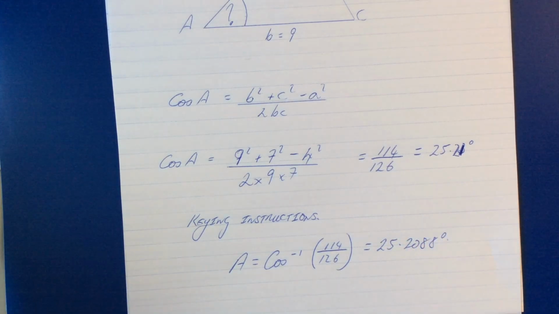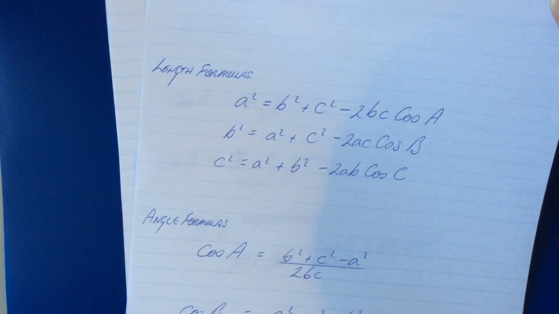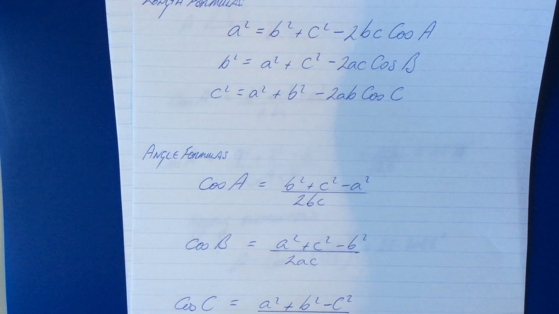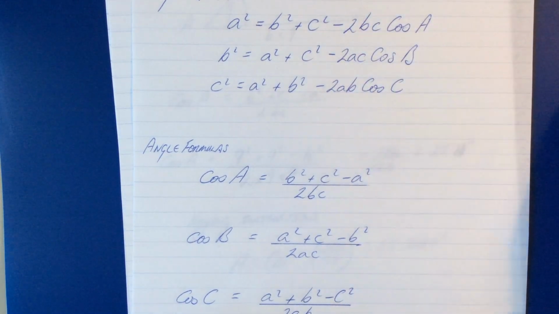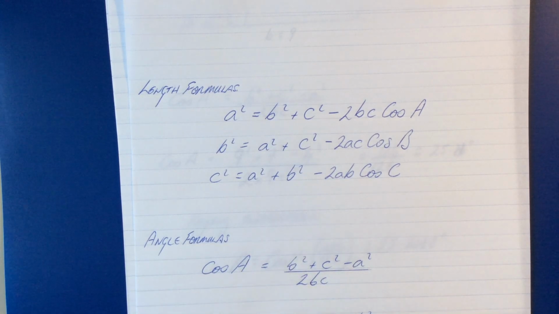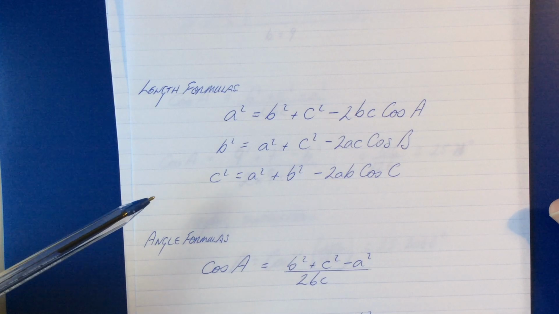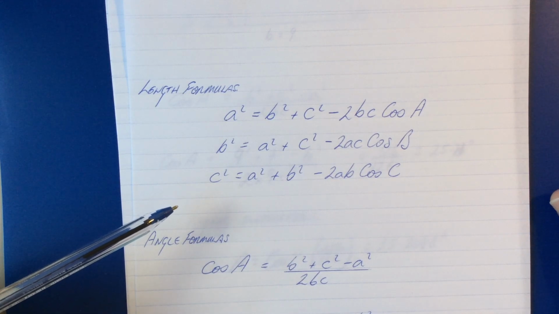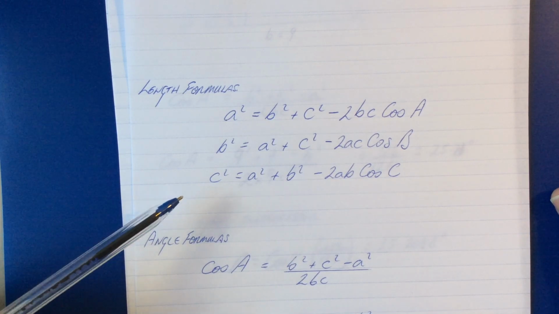Now, as promised, this is the end of the video. As promised, I'm going to put the various formulas in front of you. So you can pause the video if you want. You can take a screenshot of whatever you're watching on.